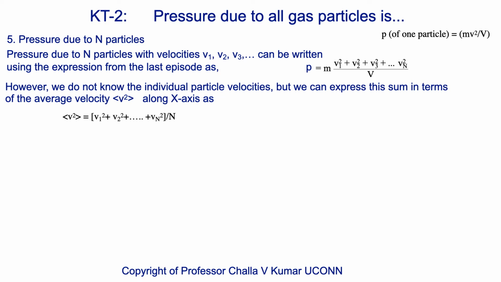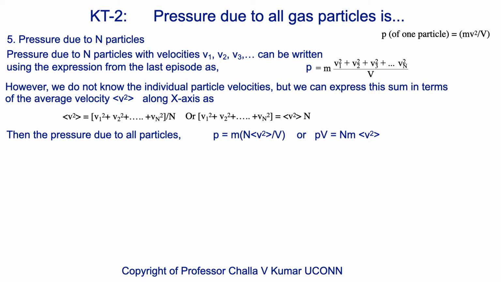So now, in the above expression for the pressure by all particles, I can replace the numerator with n times v squared average, right? So taking these terms to the other side, I can say the sum is equal to v squared average multiplied by n.